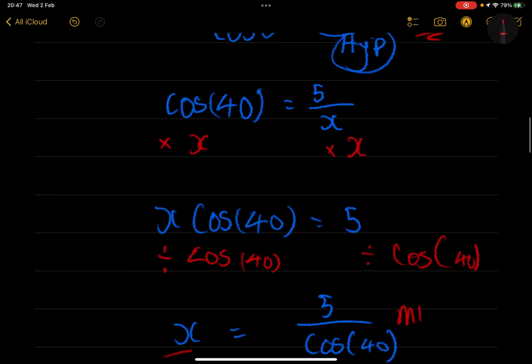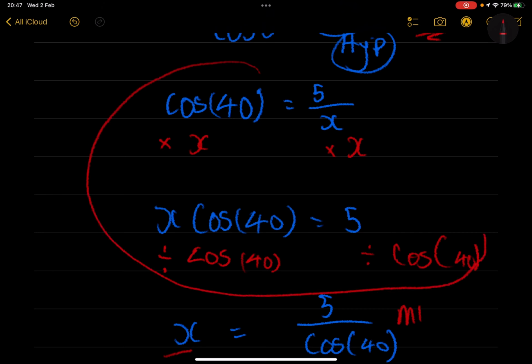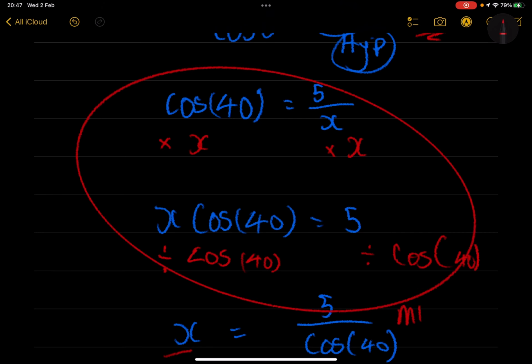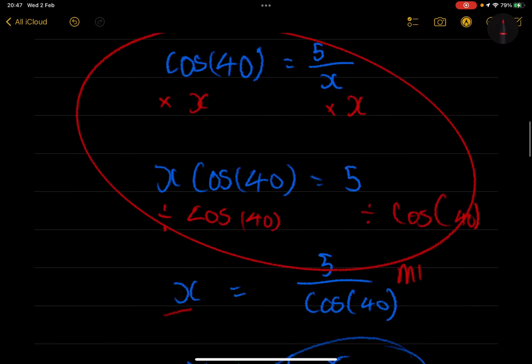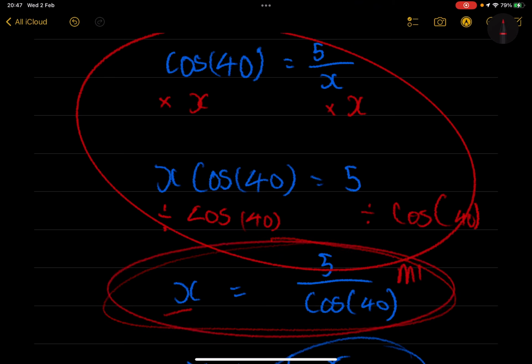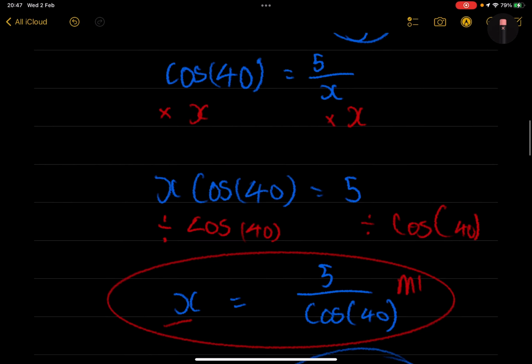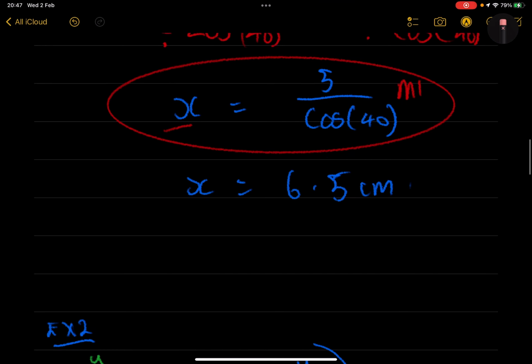So this bit here, I don't think you actually get any method marks for. I think it literally goes down for the final rearrangement, which is this bit. So this is where you get your second method mark, and then your final one is your accurate answer mark. So this is your A1.